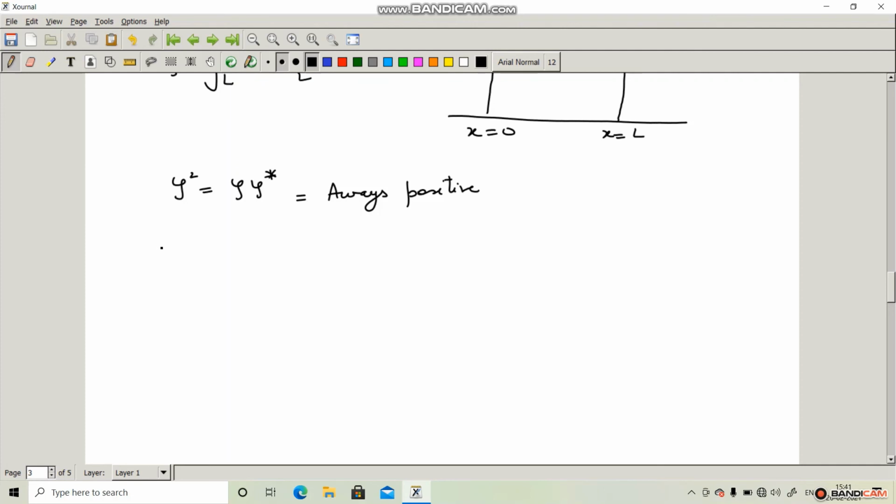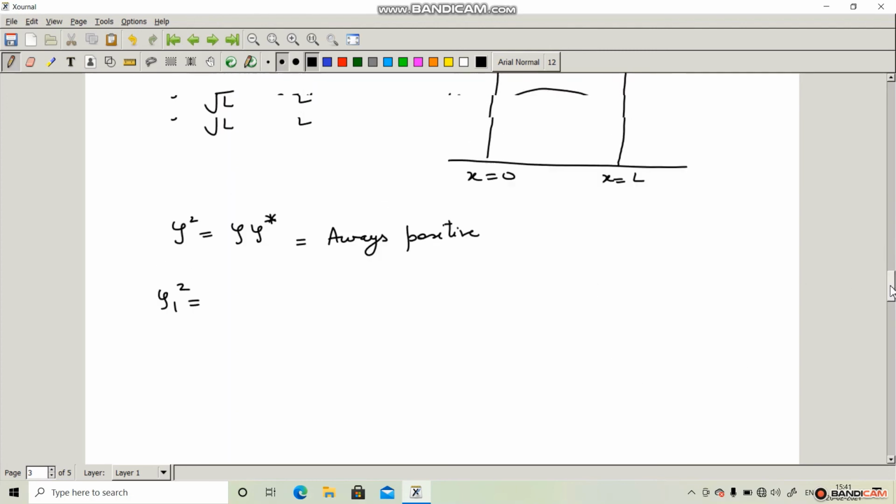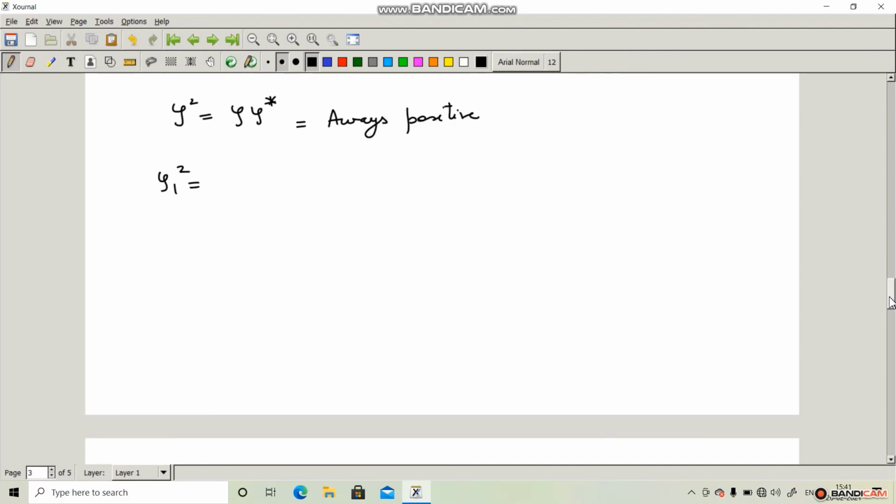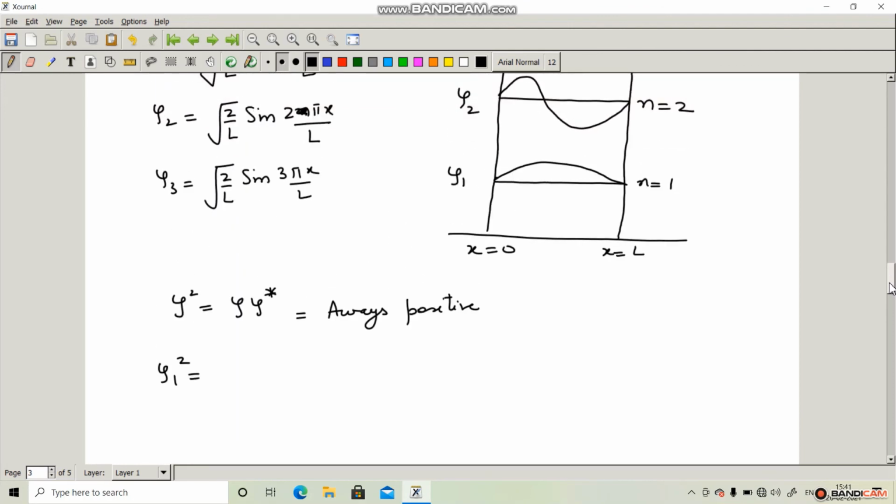So psi 1 square: above we have seen that psi 1 is under root 2 upon L sin pi x over L. So we can write psi 1 square is 2 upon L sin square pi x over L.